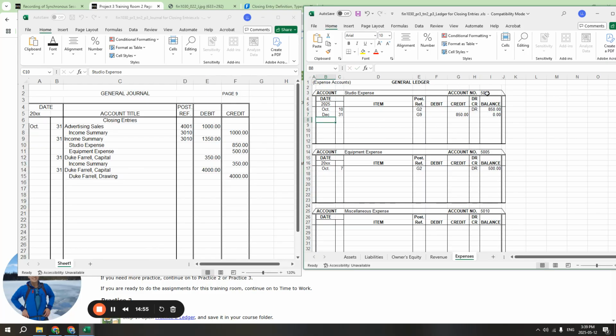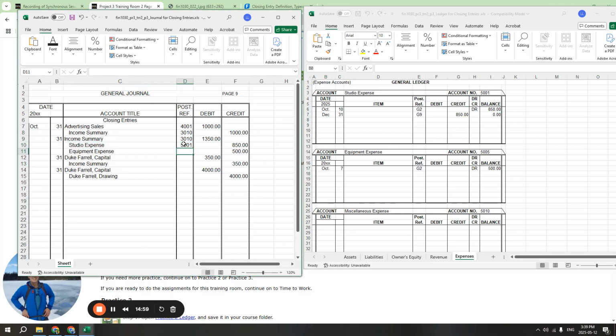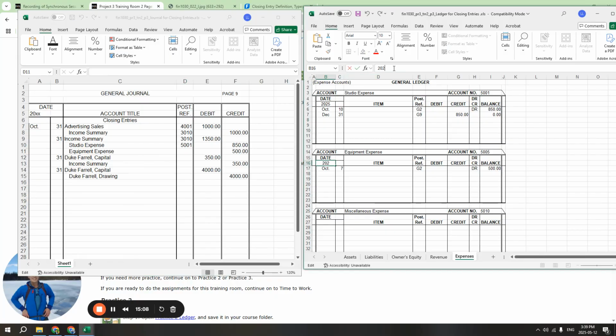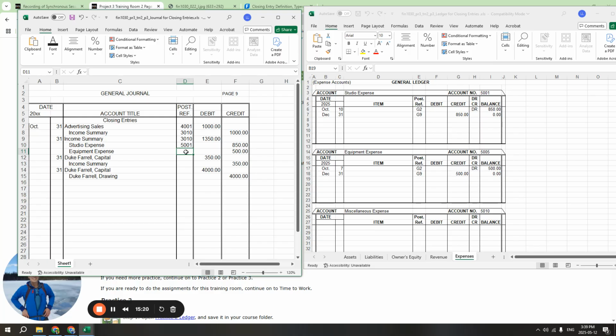So this was account 5001. Next, we're going to credit studio expense for 500. December 31st, so G9, credit for 500 and zero balance. And then that was on account 5005.